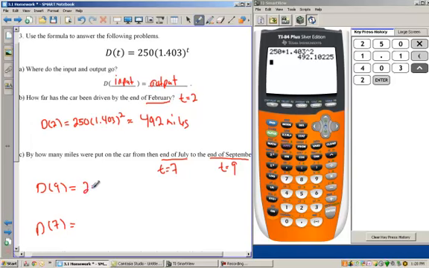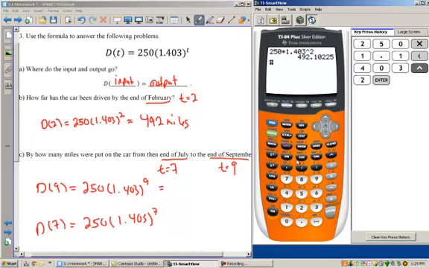So d of 9 would be 250 times 1.403 to the 9th. And then d of 7 would be 250 times 1.403 to the 7th. On our calculator, you can just hit second enter to pull up the last entry and change this 2 to a 9.